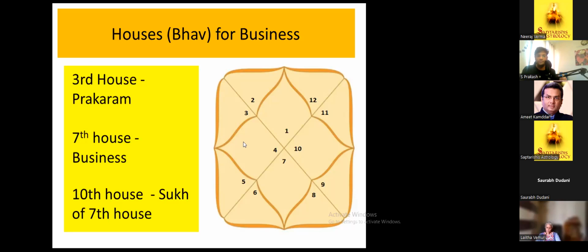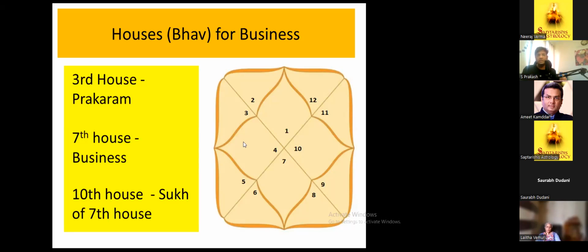I have put it in the order 3rd, 7th, 10th. Somewhere I feel that the 3rd house is really important. It is even more important than the 7th and 10th, because we always look at the 7th for business. But according to me, the 3rd house will take over and give its influence more than the 7th and 10th. I'll tell you the reason.